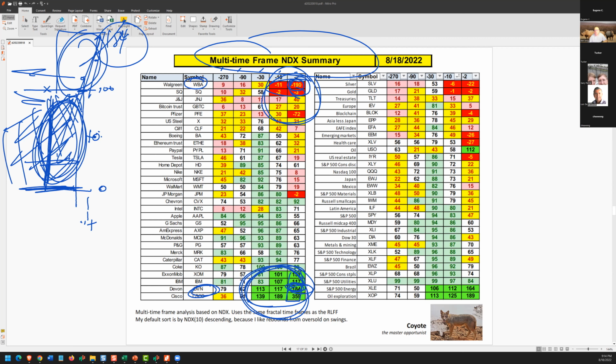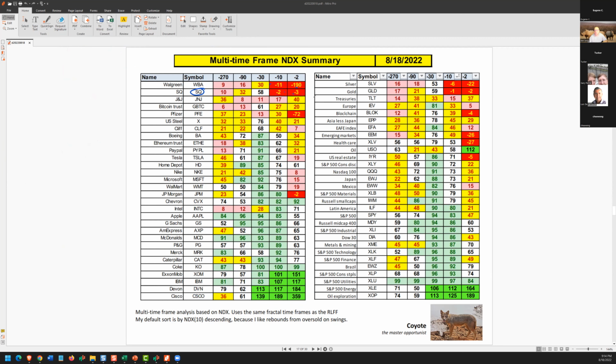Whereas Walgreens at minus 190 is way down here, almost 90 additional points below the previous 10-day low. So that gives you, at a glance, the magnitude of those breakouts. Like Squarespace just snuck over the line at minus 3, whereas Walgreens blasted through at minus 190.